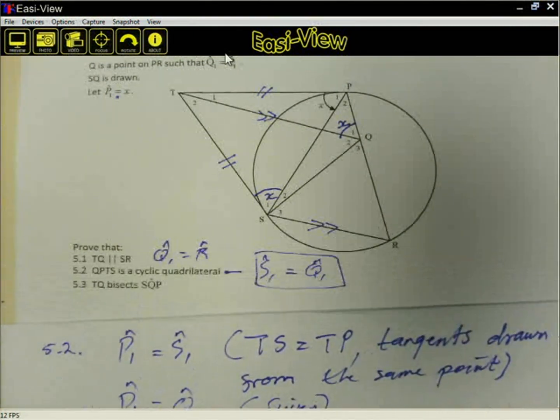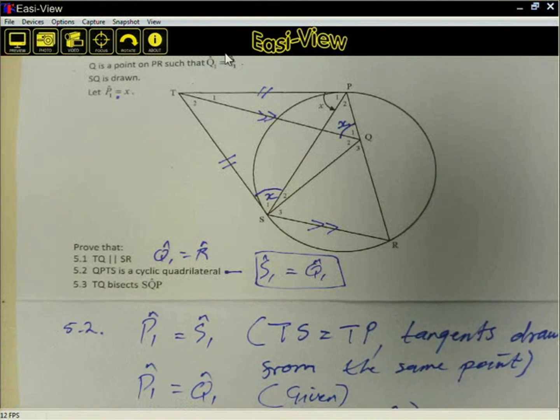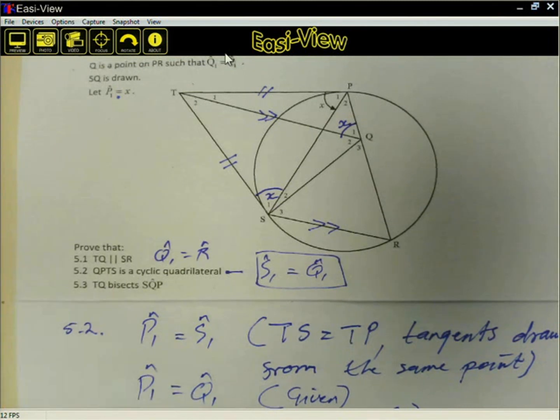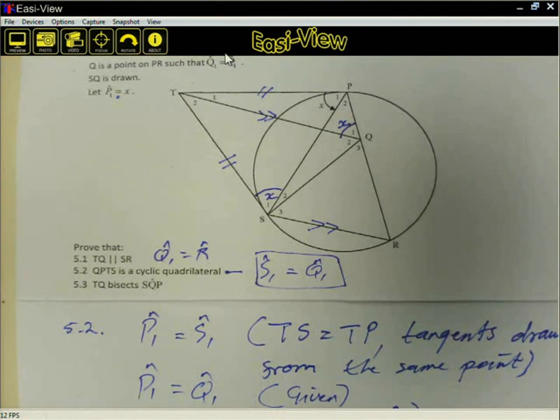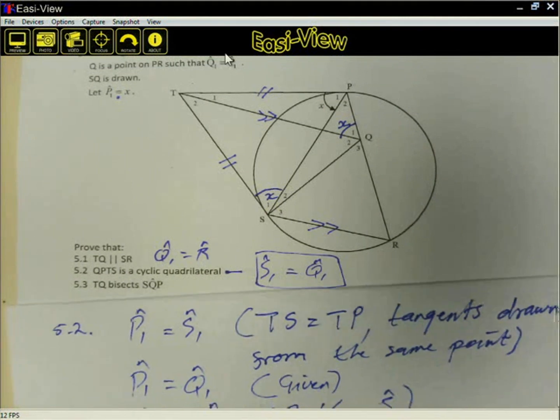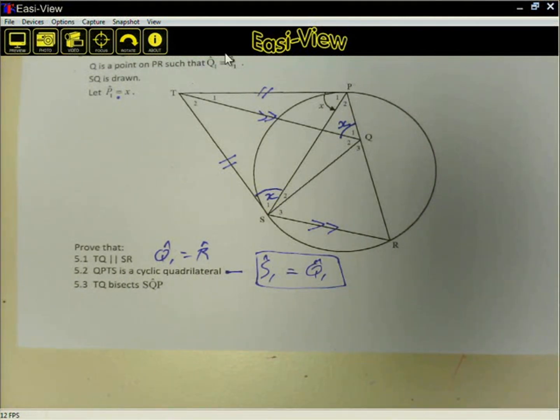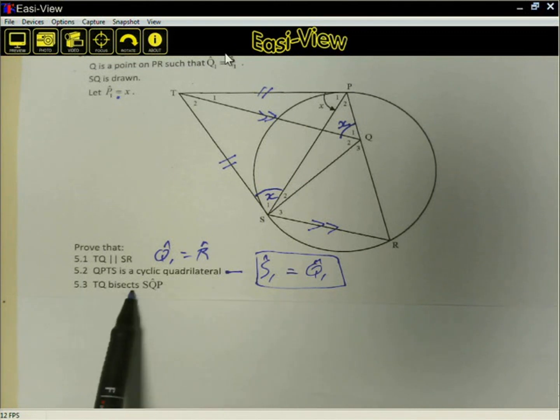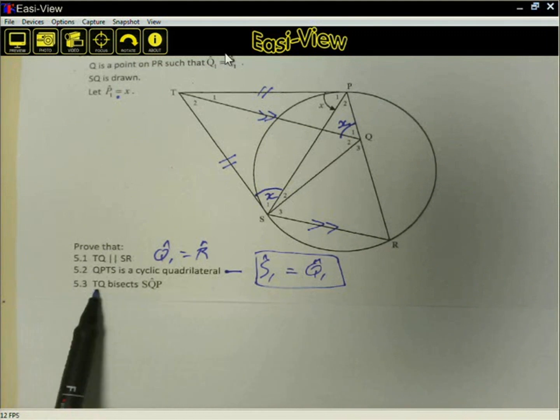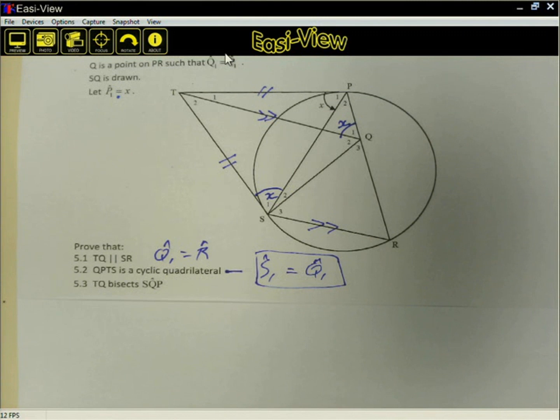The last part, I think we have done that. We still have to prove TQ bisects SQP. We need to simplify that one. What do we mean if we say TQ bisects SQP?